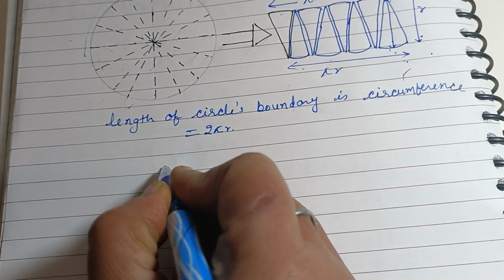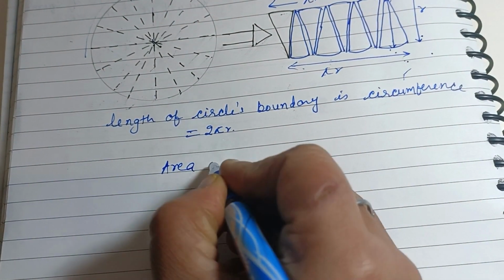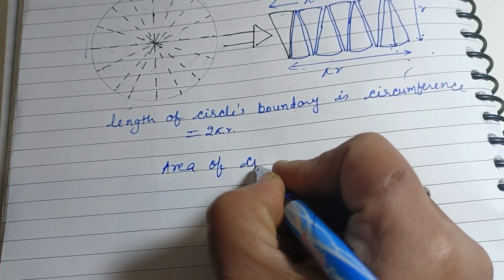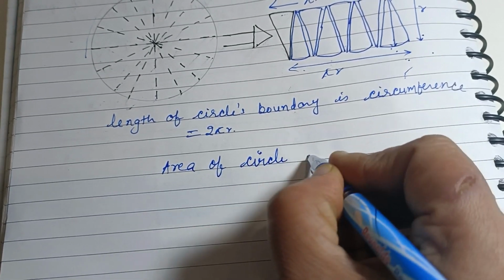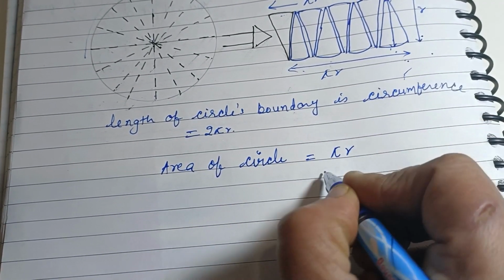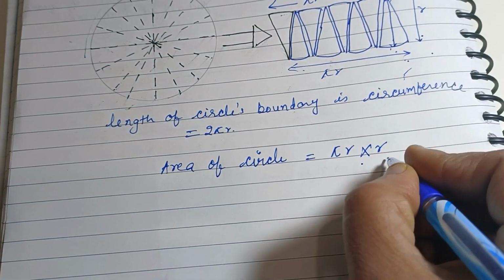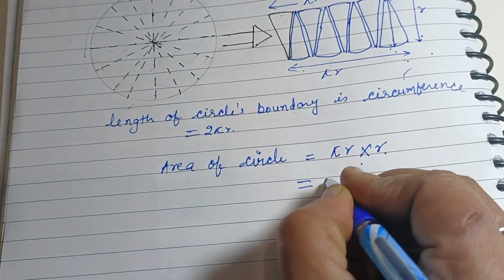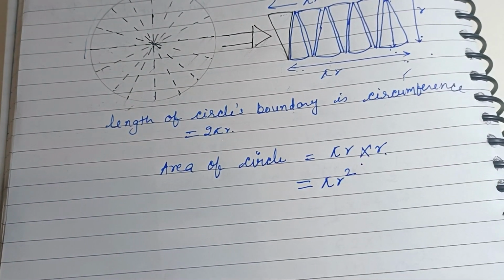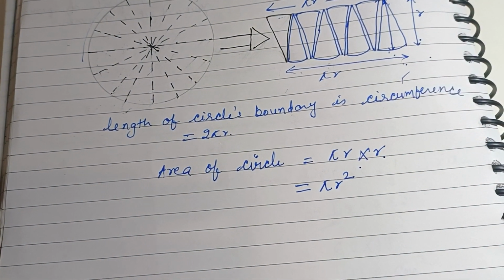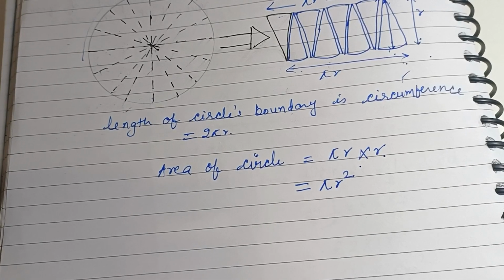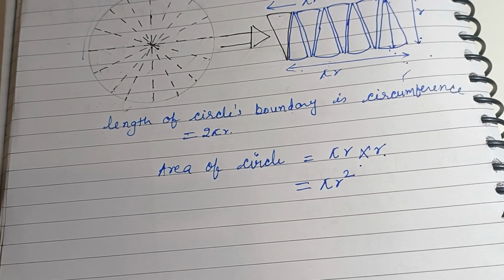So area of circle is pi r, the horizontal dimension, multiplied by r, the vertical dimension, which will be equal to pi r square. So in this way you will be able to find out the area of circle.